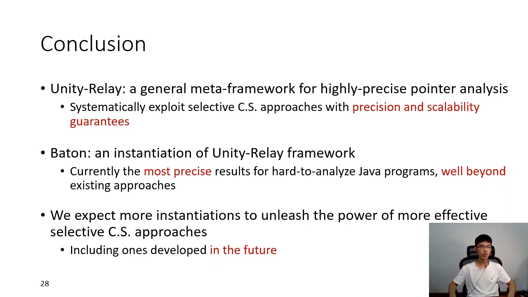In our evaluation, we achieve currently the most precise results for hard-to-analyze Java programs, and its precision is well beyond existing approaches. Baton is merely one instantiation of unity relay framework. We expect more instantiations to unleash the power of more effective selective context sensitivity approaches, including the ones that are developed in the future. Thank you for listening.